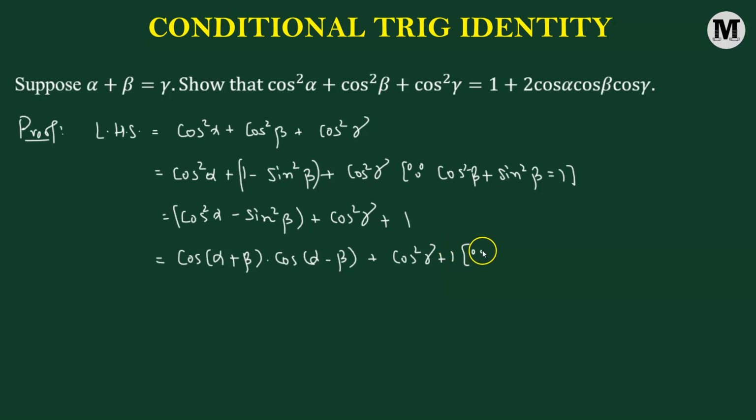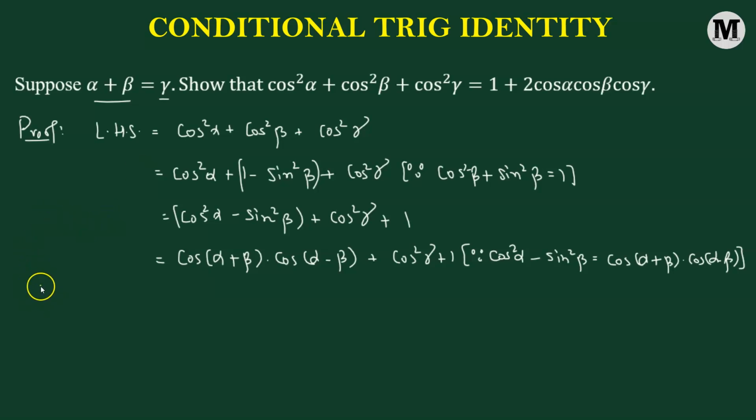So here we have used the fact that cosine squared alpha minus sine squared beta equals cosine of alpha plus beta multiplied by cosine of alpha minus beta. Fine. Now cosine of alpha plus beta, we can make a change here. It's given that alpha plus beta equals gamma.